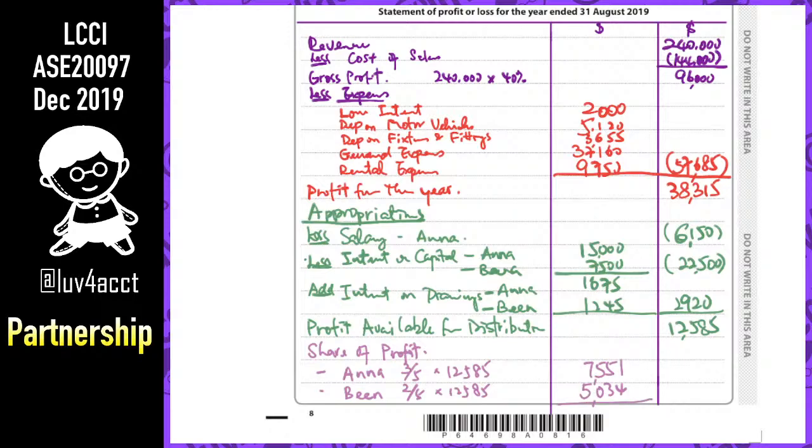Let me calculate one more time. Yes, 12,585 done. 14 marks. This is good. The calculation is not difficult, but let me remind you a little.